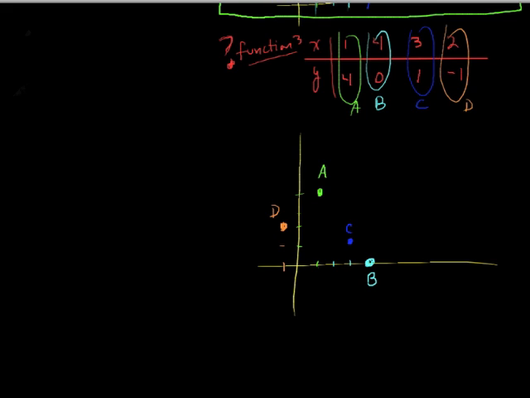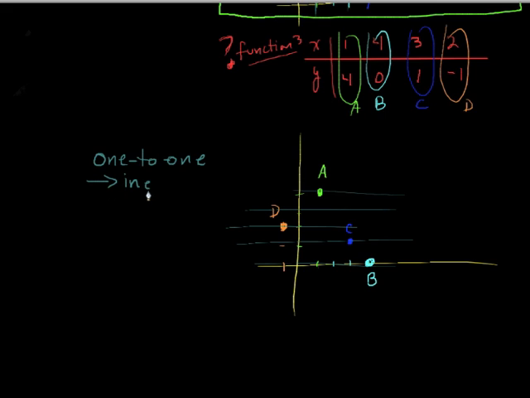Just like the first function, you can see that this is 1-to-1, and the idea of 1-to-1 is that no horizontal line passes through more than 1 point. You've probably heard this before, and maybe you didn't understand it, but it means that the function is invertible.